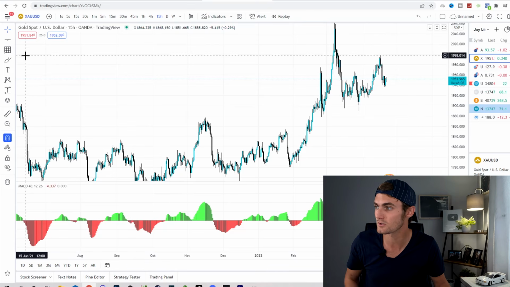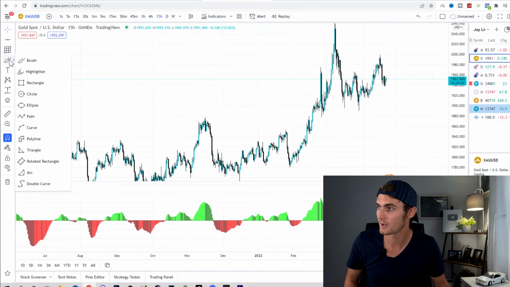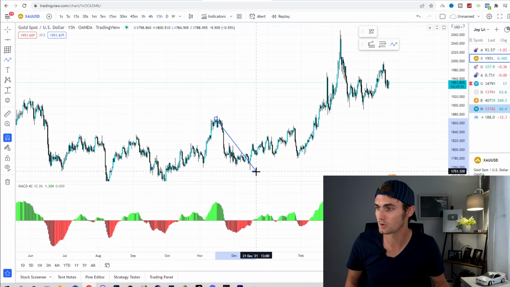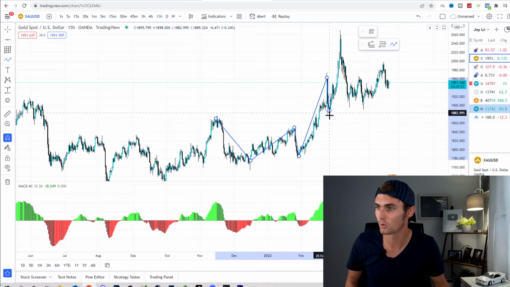The tool I use to do that: if you click on the pen section here, there is a little option that says path. So we can highlight path over here. You basically just want to draw arrows to your highs and your lows to get an overall direction of this market. Over here we can see where we are at the moment.